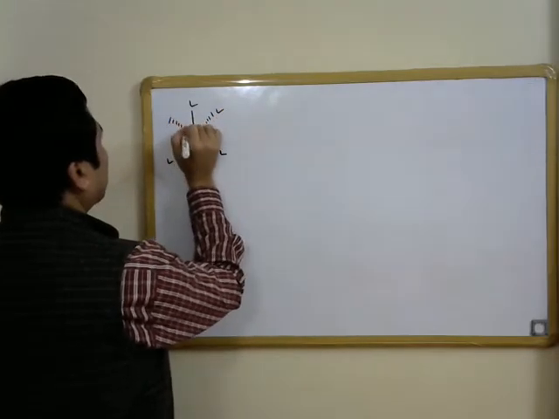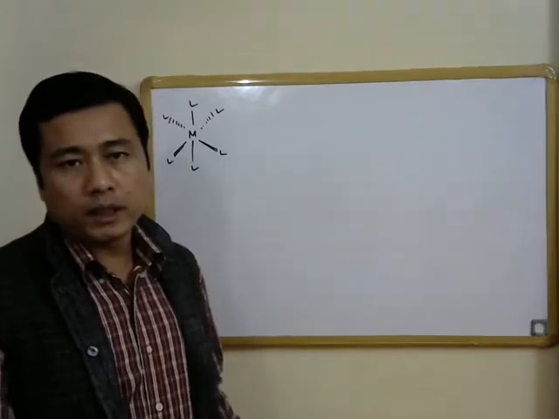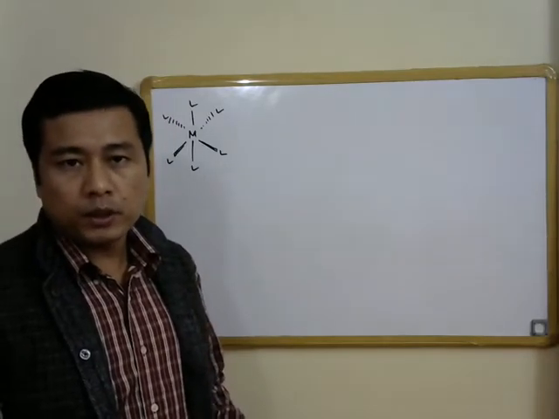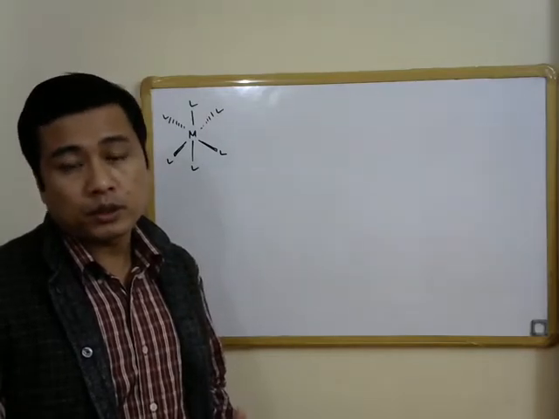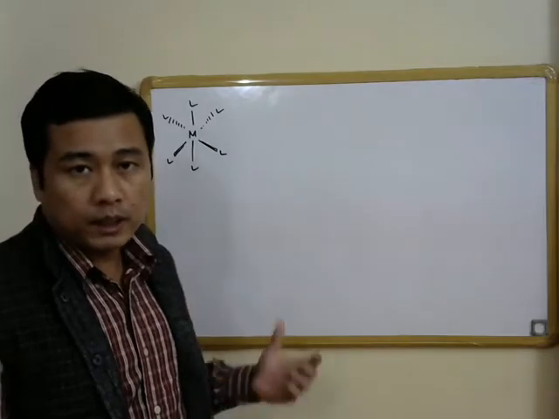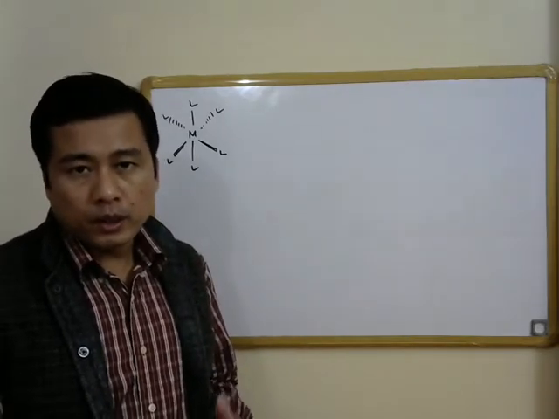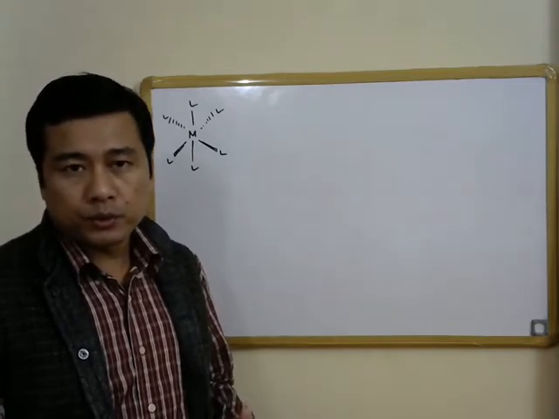We will use a procedure which is similar to what we have done in case of sigma bonding. We will find out the symmetry of the pi ligand group orbitals for formation of pi bonds in this octahedral complex.